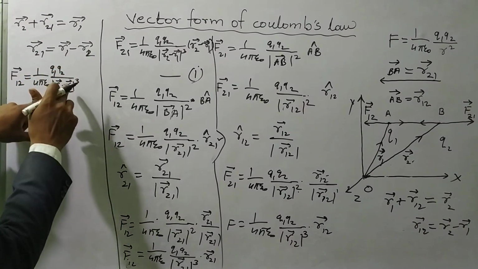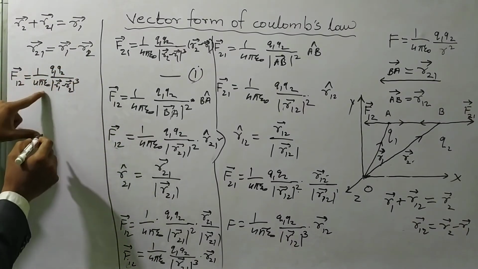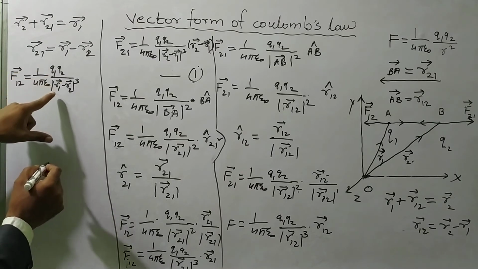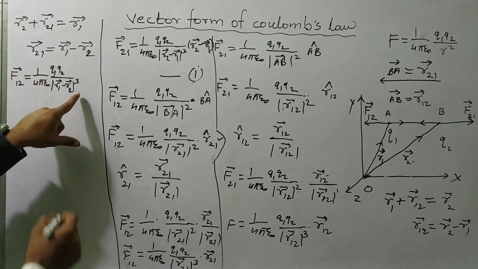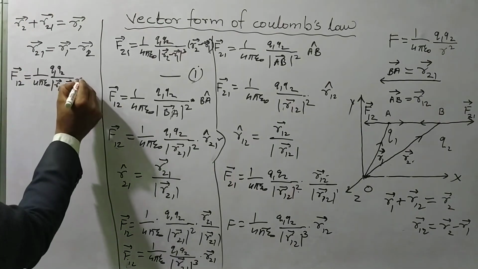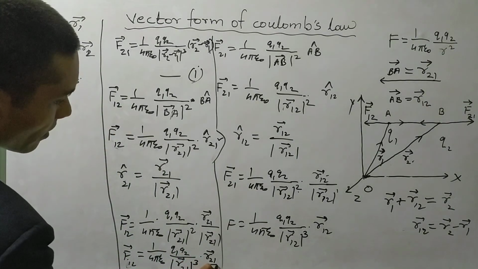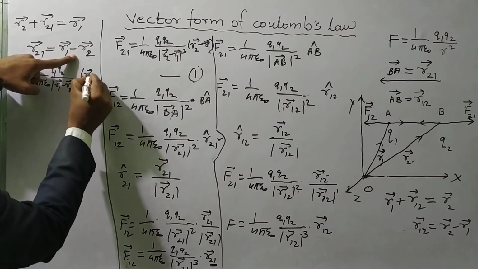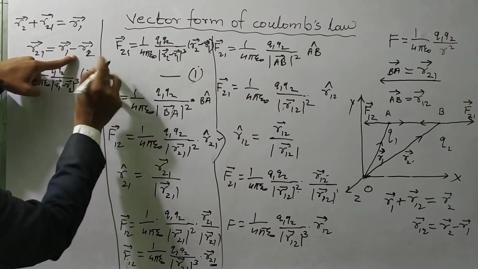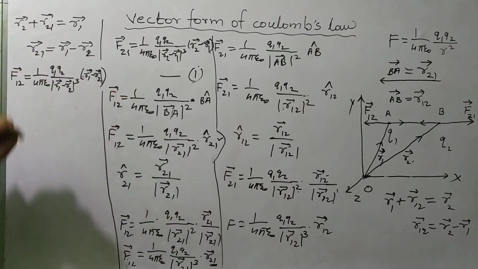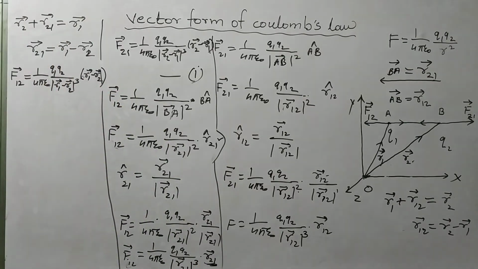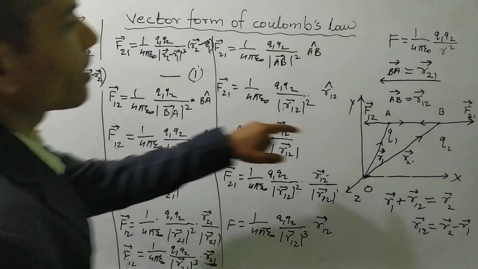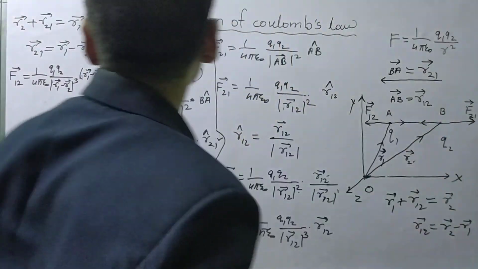So 1 upon 4 pi epsilon naught Q1 Q2 upon the modulus of vector R1 minus vector R2 cubed, times vector R1 minus vector R2. So this is the force acting on Q1 due to Q2.